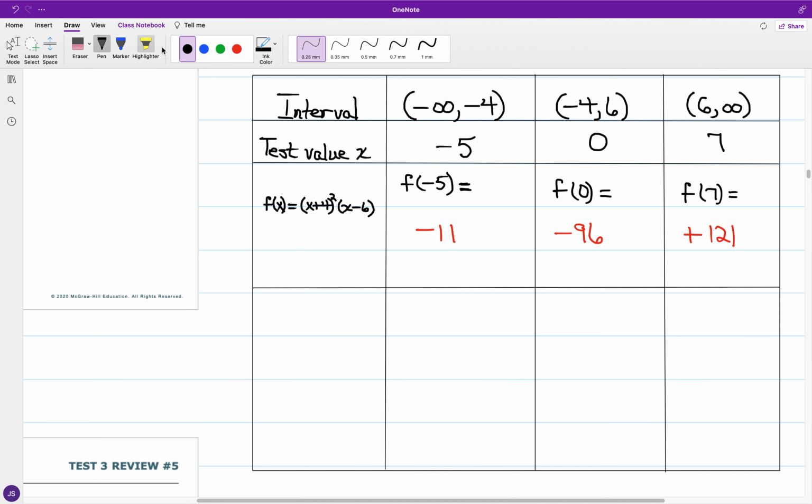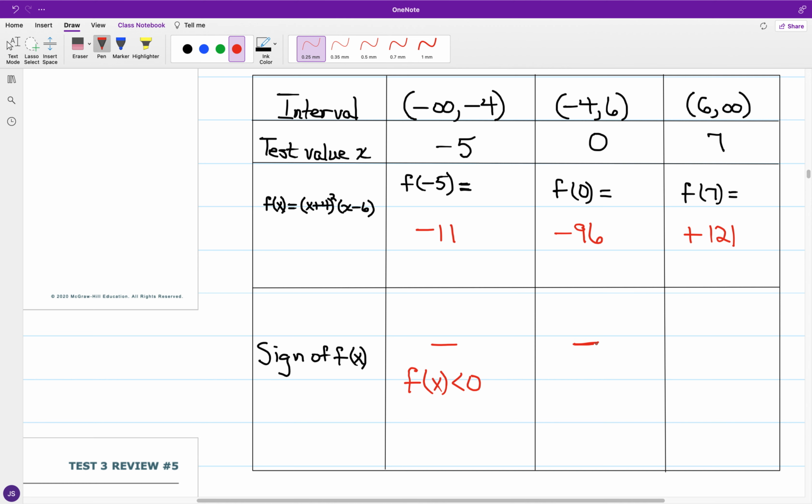And so for what we will have in terms of the sign of f of x, again, for the first interval, the output is going to be negative. So we have f of x is less than 0, anything greater than negative 4 and less than 6.